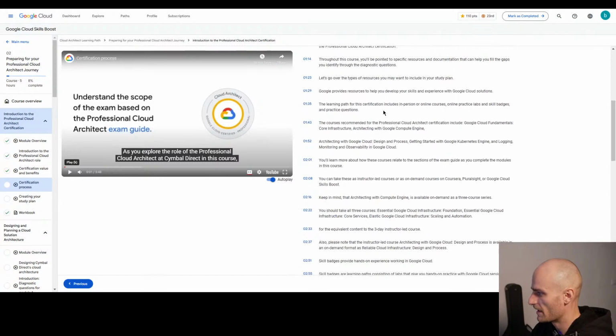Okay, so they're explaining that the learning path for this certification includes in-person and online courses, online practice labs, and skill badges.